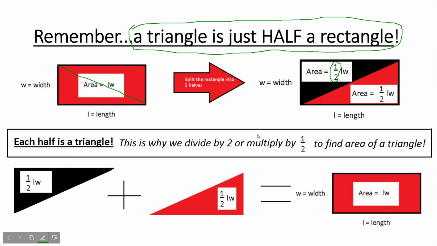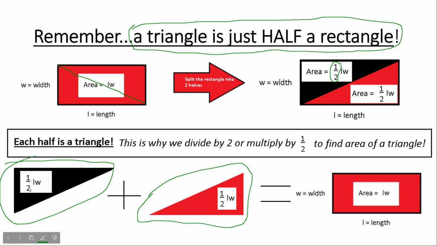So, let me show you this kind of the other way around. If we went ahead and found the area of this black triangle and the area of this red triangle here, 1/2 the length and the width, 1/2 the length and the width, well, we know that 1/2 plus this 1/2 here is going to give us the whole thing, right?